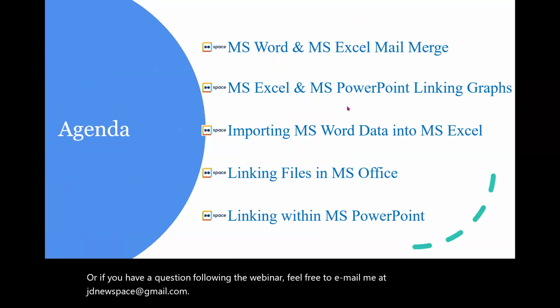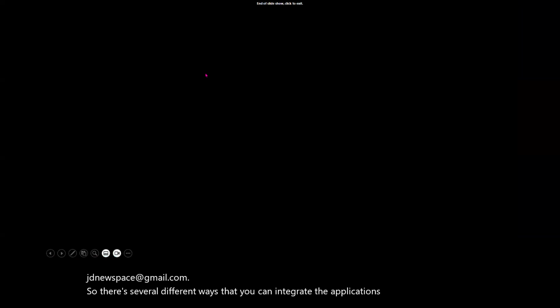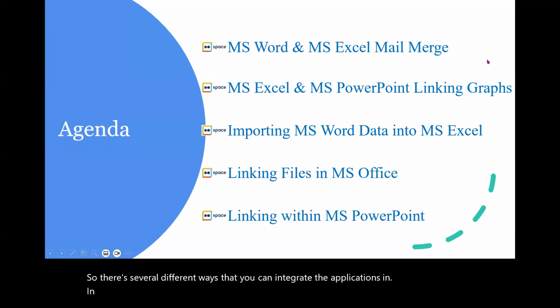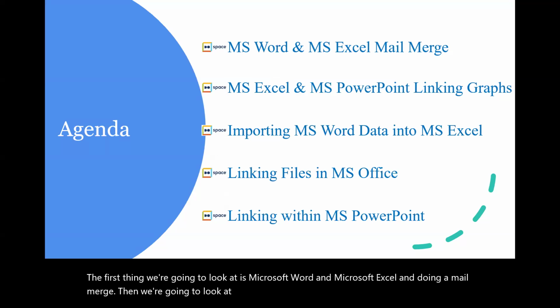There are several different ways that you can integrate the applications in Microsoft Office. The first thing that we're going to look at is Microsoft Word and Microsoft Excel and doing a mail merge. Then we're going to look at Microsoft Excel and Microsoft PowerPoint and linking graphs or charts.